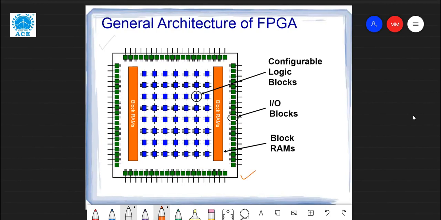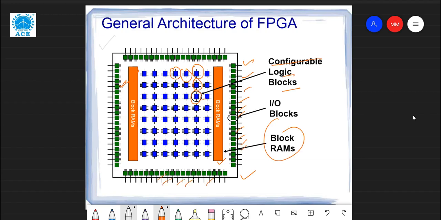See here, these are connected together with the help of interconnections. These are all called configurable logic blocks. In this case, these blocks are SRAM cell blocks, and these are input output pins, which we can call input output blocks.